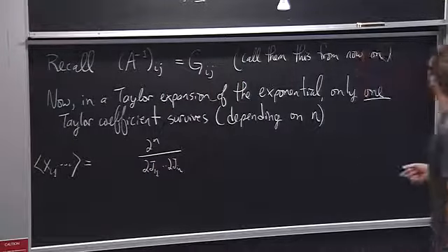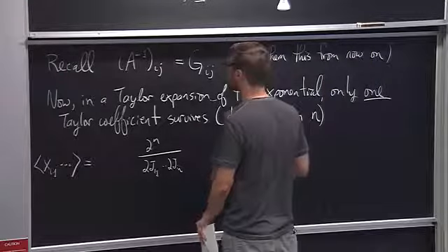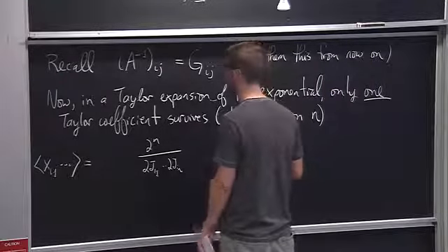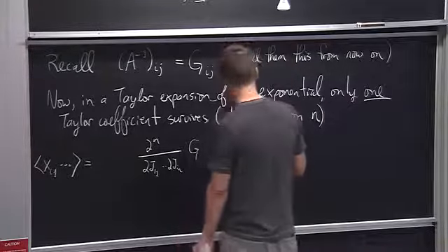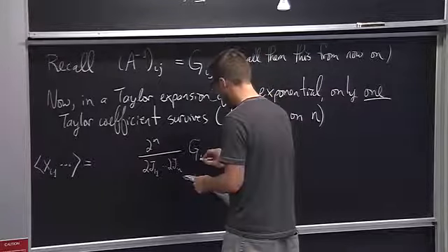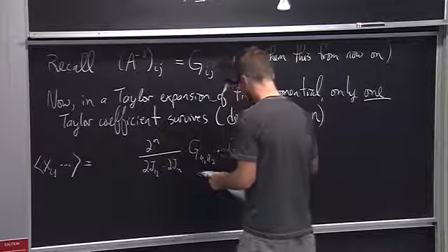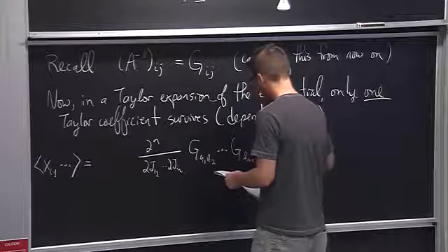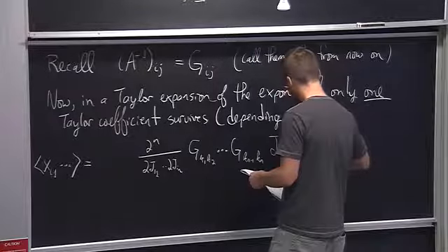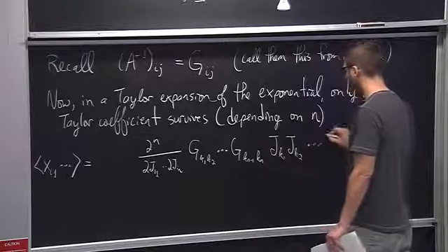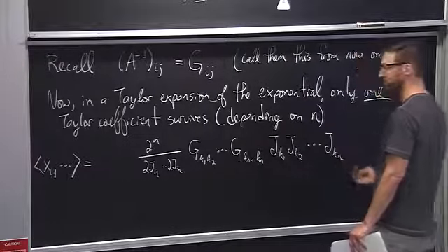And in that Taylor expansion, we have these A inverses, and we have these J's, and so I'm going to call these A inverses G's. And we have to be careful because we have these repeated indices, so I'll call them K's. And we have these J fields all the way up to K n.